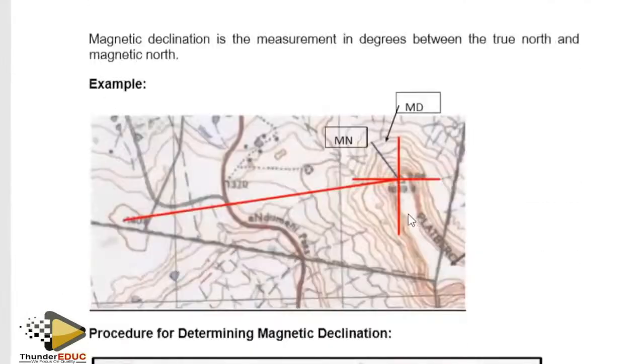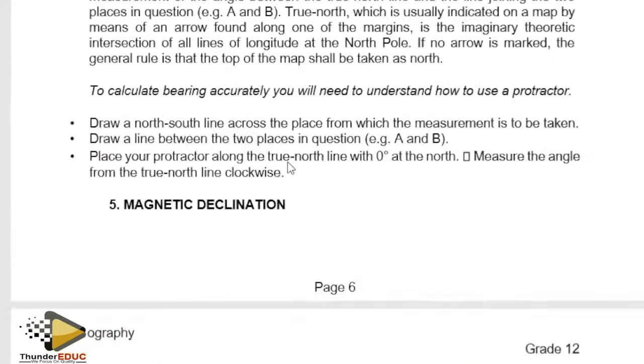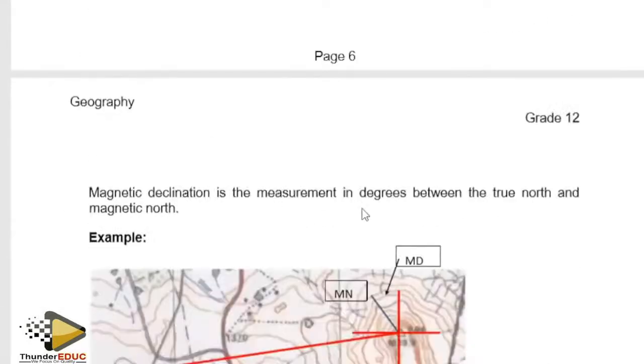Take an instance. Look at this. Let me say, in this case, this question is saying, what is the true bearing from this trigonometric station to this spot height 1403? Because of the words from trigonometric station here, that means I have to start from here going this way.